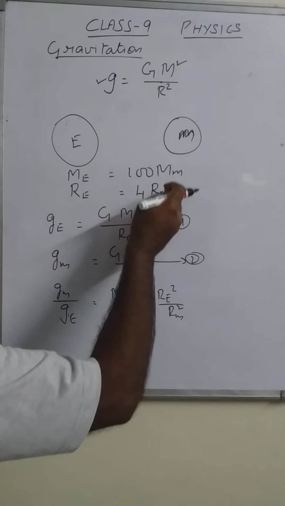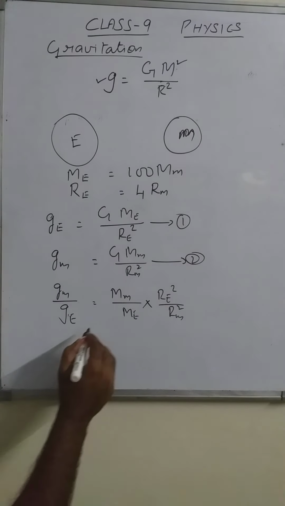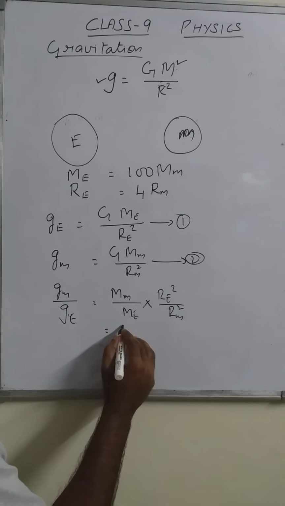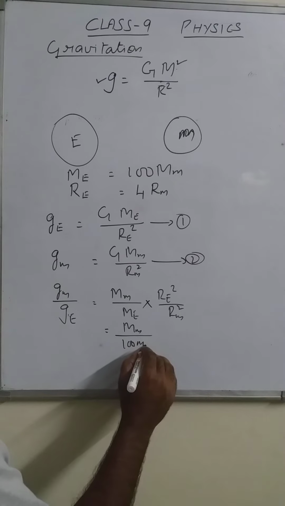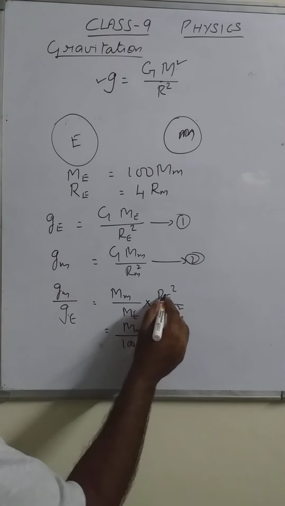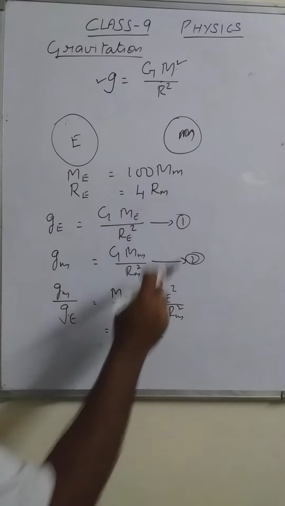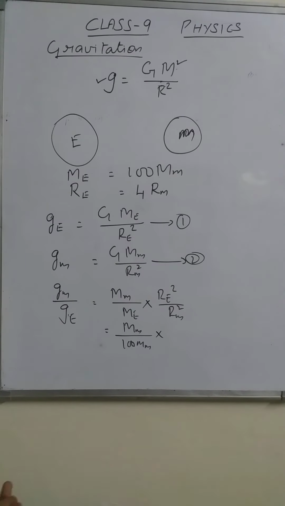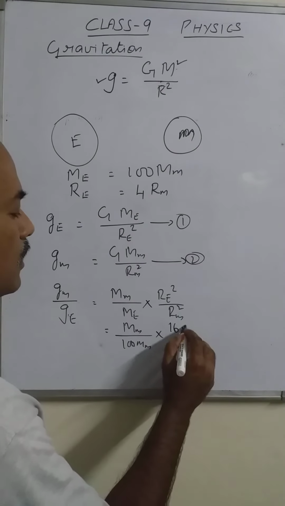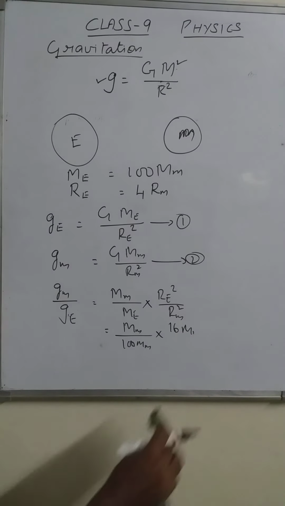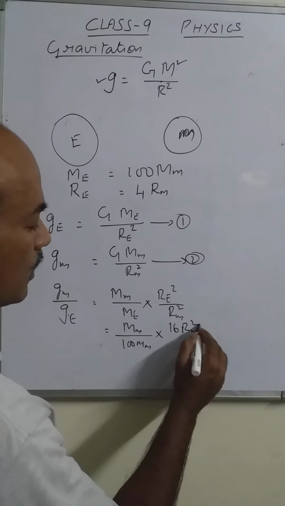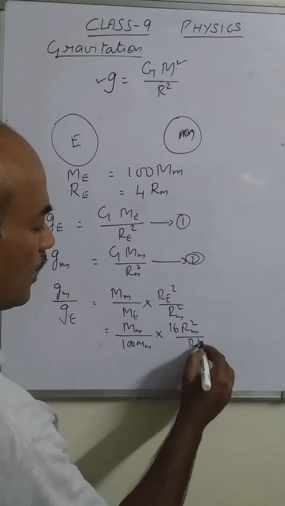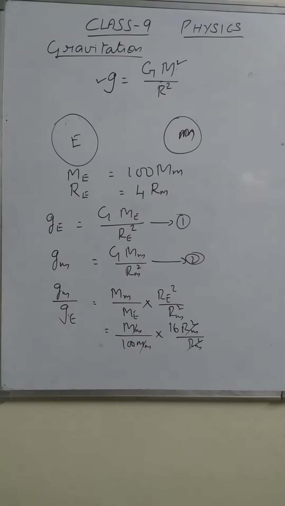Then putting the values, mass of earth is 100 times the mass of moon, and radius of earth is 4 times the radius of moon, so for this we have the square, that is 16 times radius of moon square upon radius of moon square. On cancelling them, we have 16 upon 100.